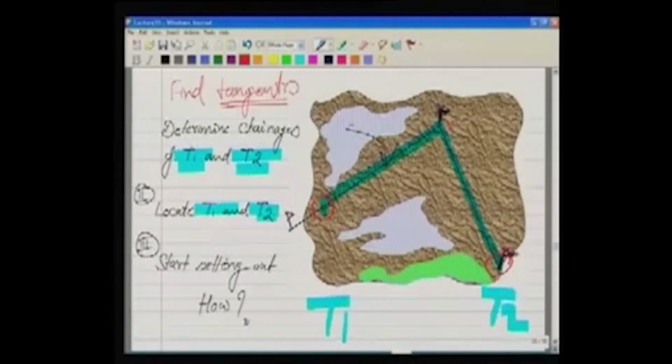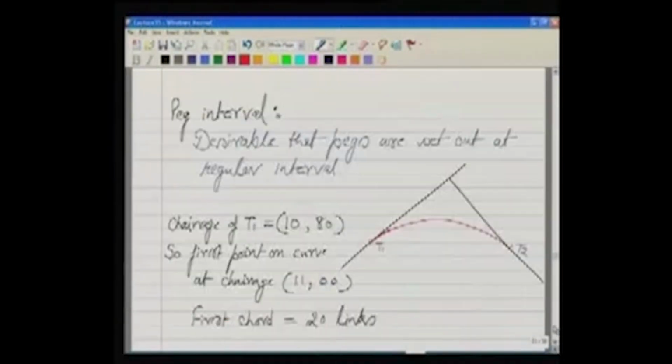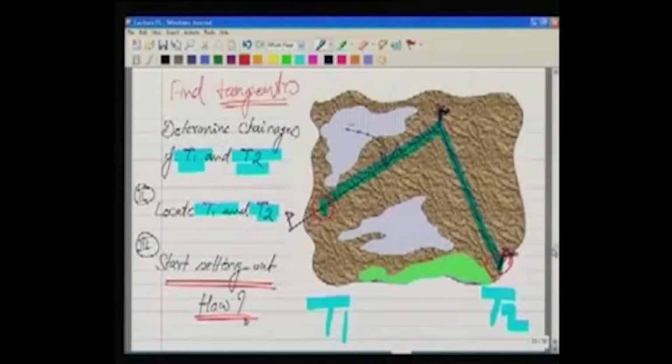Then we will have to start setting out. At the moment, if you consider the ground, what do we have? We know the point of intersection is there, T1 is here and T2 is here. This is the only information that we have.